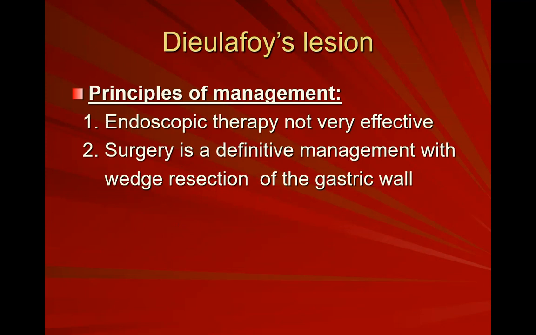For Dieulafoy lesion, mostly it requires surgery, because you need to dissect that area which has the vessels, and also you need to suture that area. Endoscopy would be there in order to stop the bleeding, but if you have a vessel which is close to the mucosa, you have to cut that vessel.